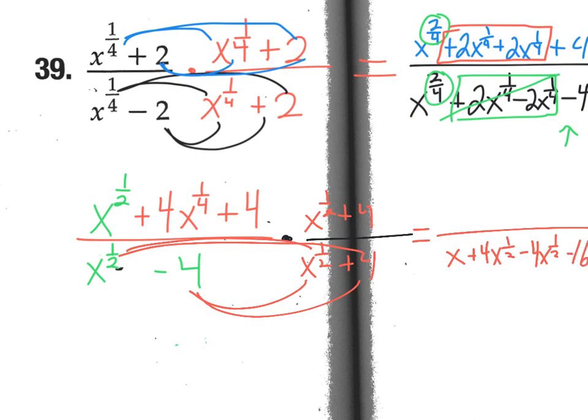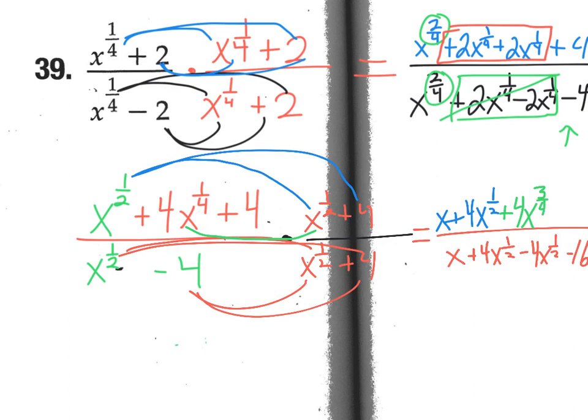Up top here, this is where it gets kind of fun. X to the 1/2 times x to the 1/2 gives me x. X to the 1/2 times 4 gives me 4x to the 1/2. Let's change up the color here. Then I'm going to have to multiply 4x to the 1/4 times x to the 1/2, which gives me 4x to the 3/4.